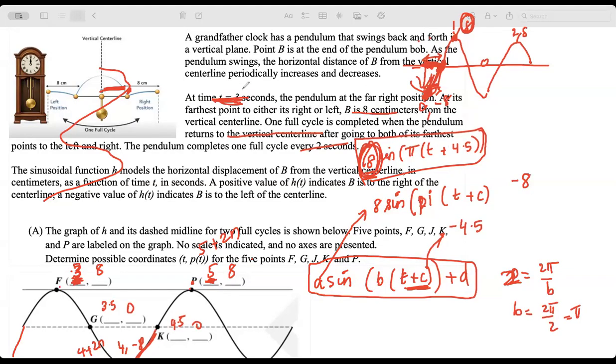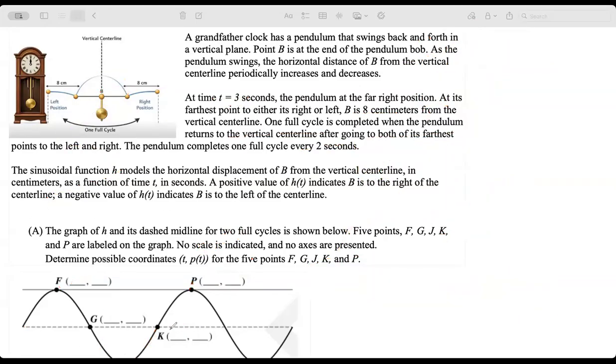If you take it as a negative 8, you can express the same equation in a different way. If you put a negative 8 for this a sine b t plus c plus d, you can call the same thing as negative 8. If you put a negative 8, in that case what happens? Suppose, yeah, we need to draw it again. I can't do it just like that. So this is 3, 8.